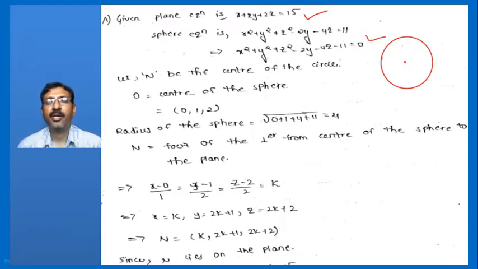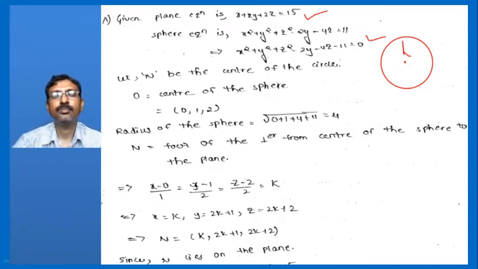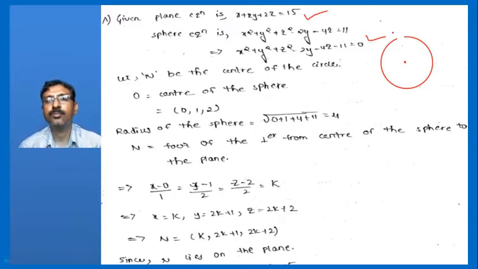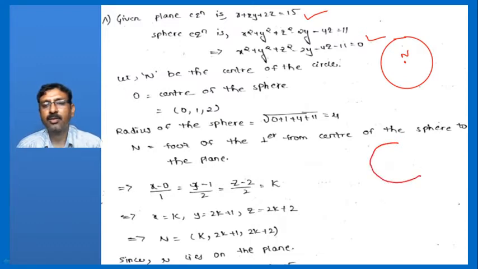Okay, let N be the center of the circle. If we draw the sphere also, the figure is like this. This is the sphere.